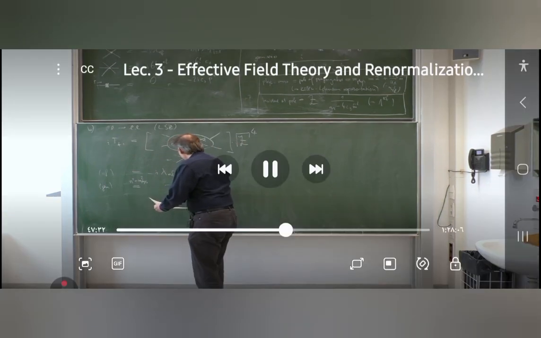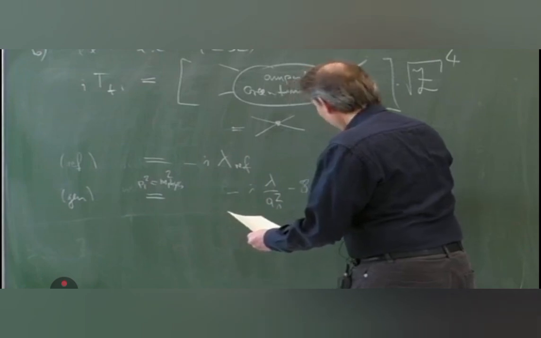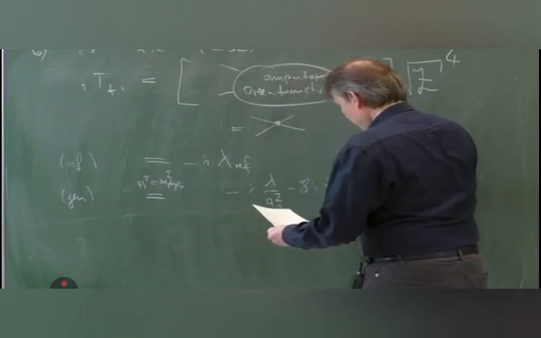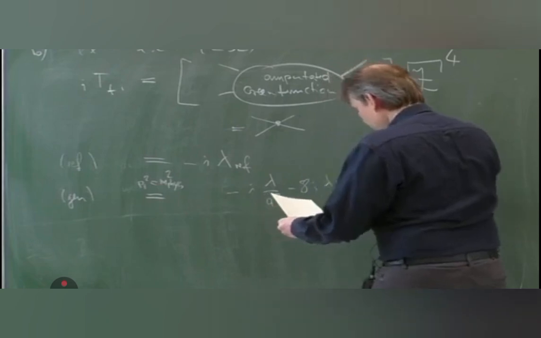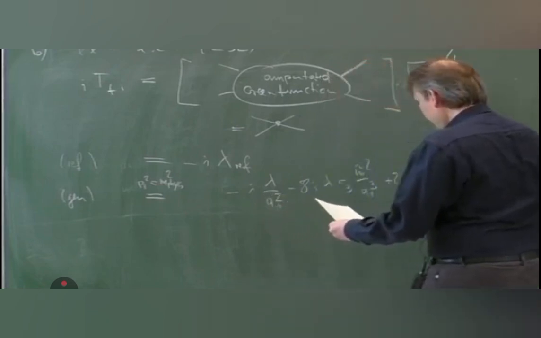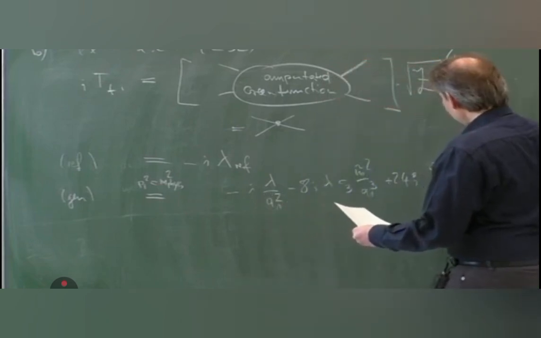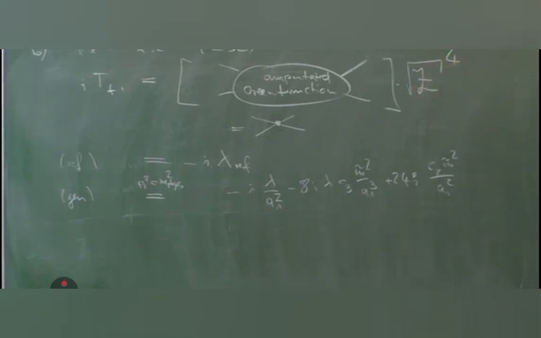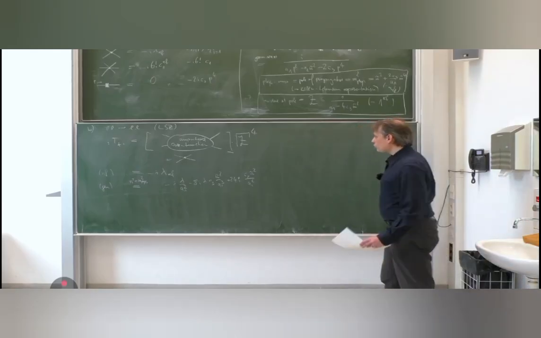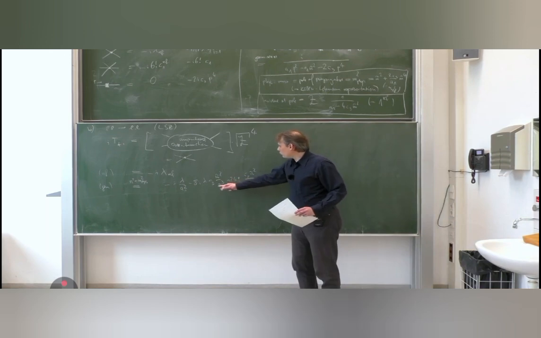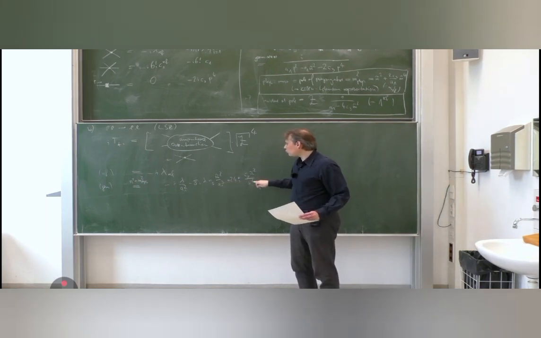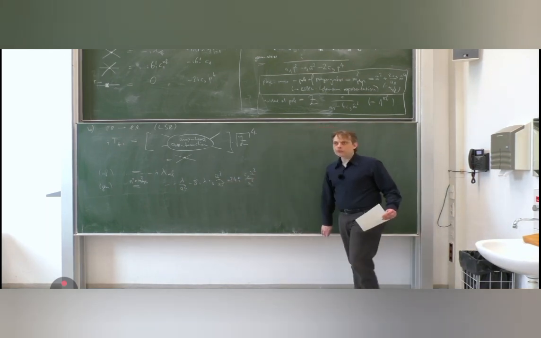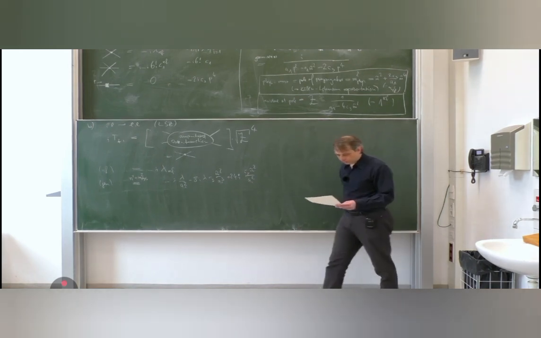Minus i lambda divided by A1 squared, minus 8i lambda C3 m tilde squared divided by A1 cubed, plus 24i C2 m tilde squared divided by A1 squared. Okay, so after some ugly calculation, this is what you get. 3 terms which depend on the coefficients C3 and C2 and also on m tilde squared, the mass parameter, but not the physical mass.